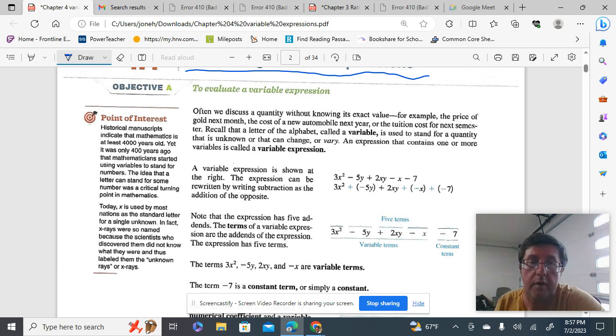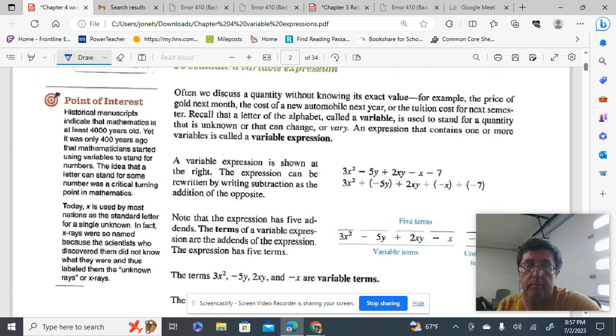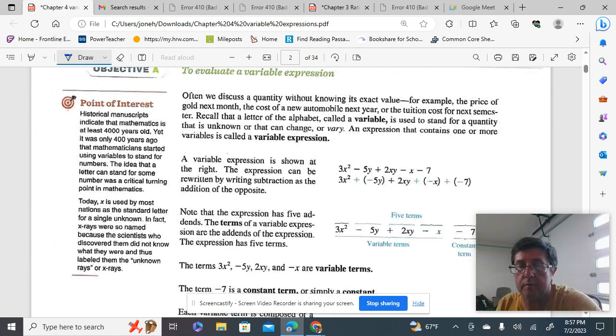Recall that a letter of the alphabet can be called a variable, used to stand for a quantity that is unknown or can change or vary. An expression that contains one or more variables is called a variable expression. Okay, so that is where you'll see, like right here, I'm underlining it, x.